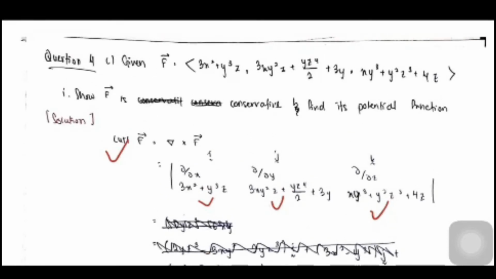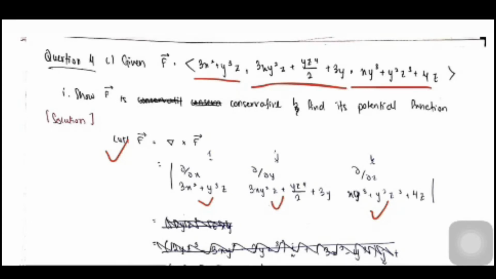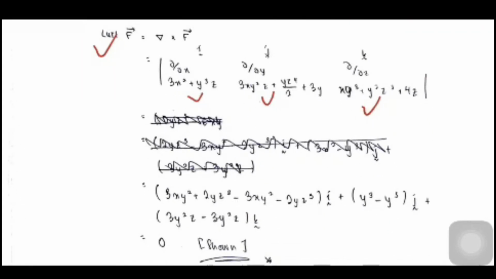So we just use the formula where we substitute f1, f2, f3 here. After we simplify, it is shown that curl F is equal to 0. So it means F is a conservative field, and we need to find its potential function.